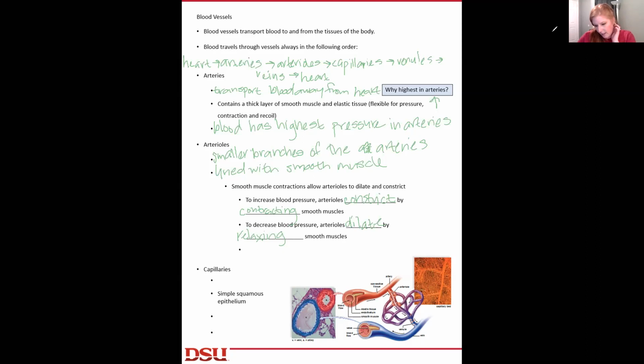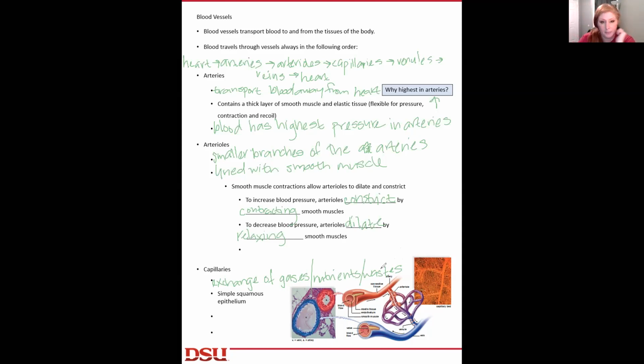All right, then we get down to the capillaries, the baby bear. The capillaries are super small, and this is where the exchange of gases, nutrients and wastes actually takes place. Here comes our epithelium again, continuing to haunt us from past chapters.